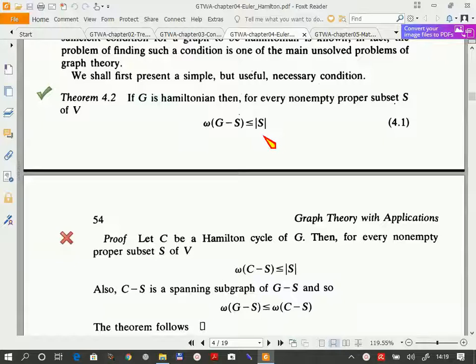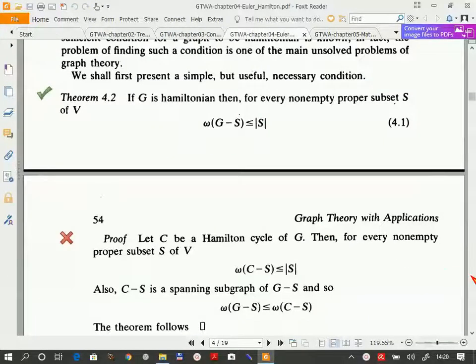Okay? And this, as I said, can be used above all through the contrapositive. That is, if you find a certain subset of vertices S such that the number of elements of S is strictly less than the number of components which you obtain by taking those vertices away, then you can be totally sure that the graph is not Hamiltonian. Okay?